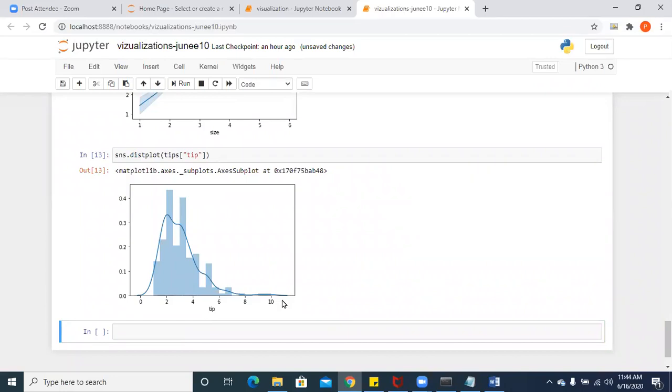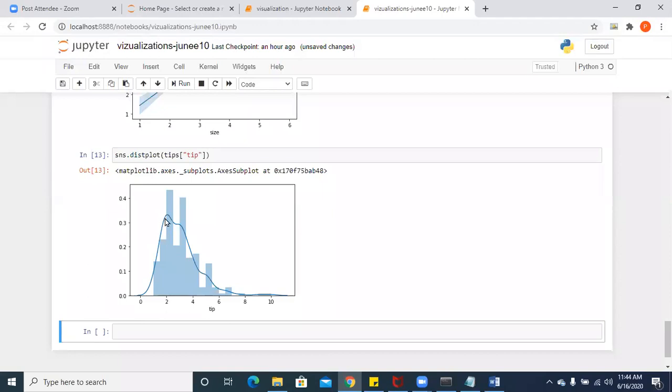So this distplot, or distribution plot, plots the occurrences or density of a specified feature in the data set. What is the specified feature? That is tip. From the above image, we can see that most of the tips given by the customers lie between 2 and 4.